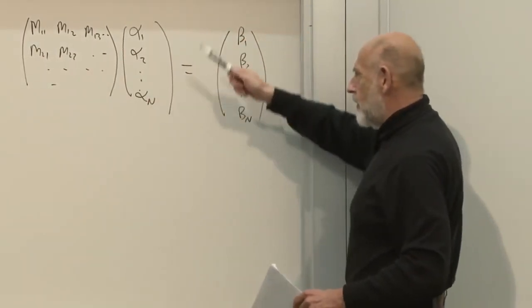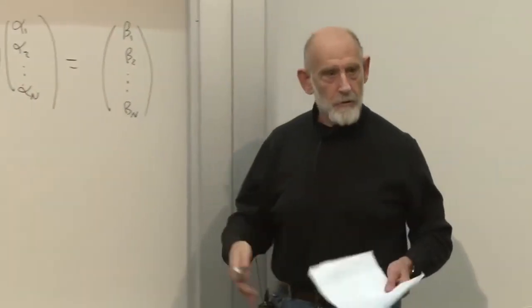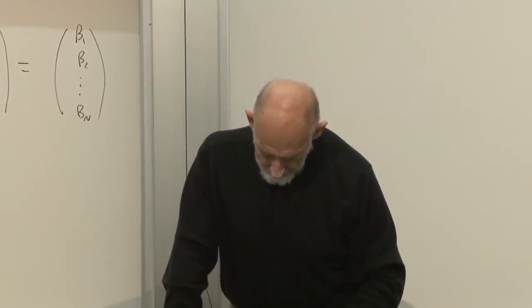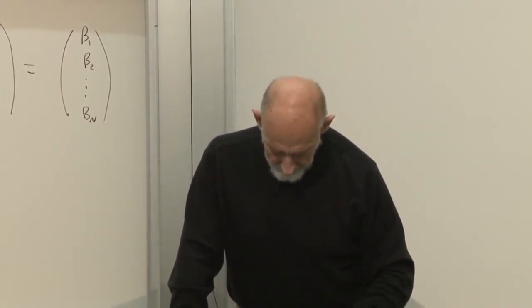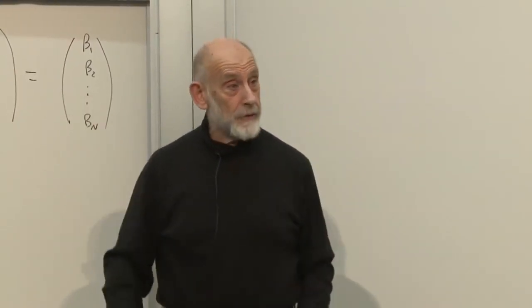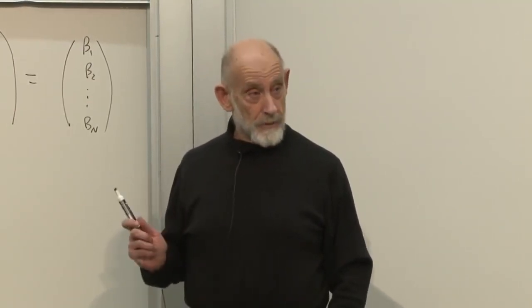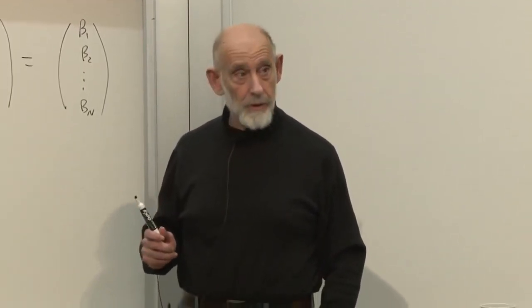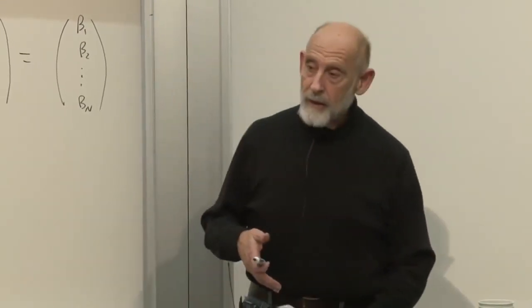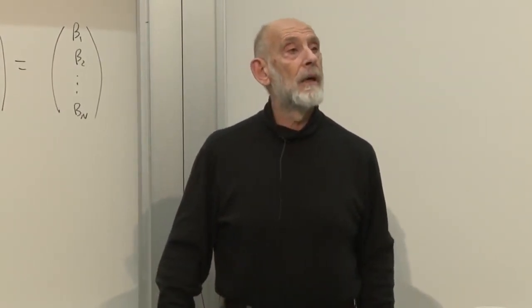Then it goes to the next row, does the thing again, goes to the next row, does the thing again, and just spits out the final answer. These things, of course, are also true for ordinary vectors in three-dimensional space. We tend not to use them as much for ordinary three-dimensional vectors, but they're quite essential in quantum mechanics.